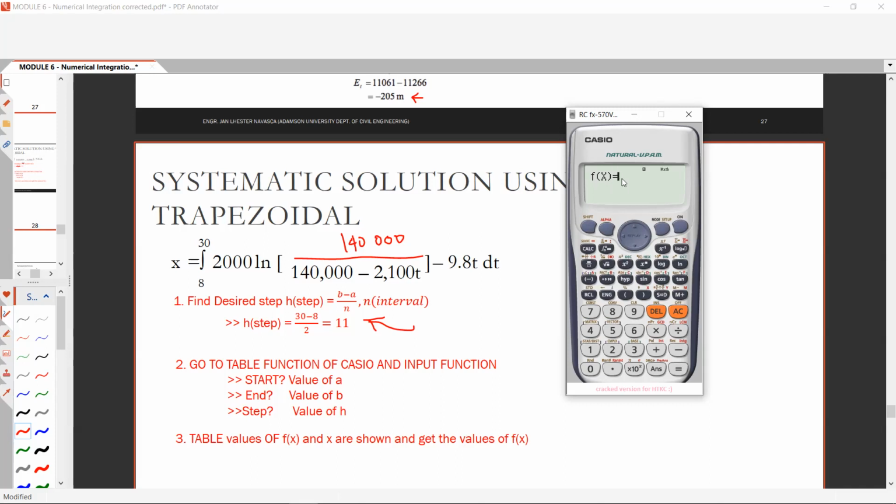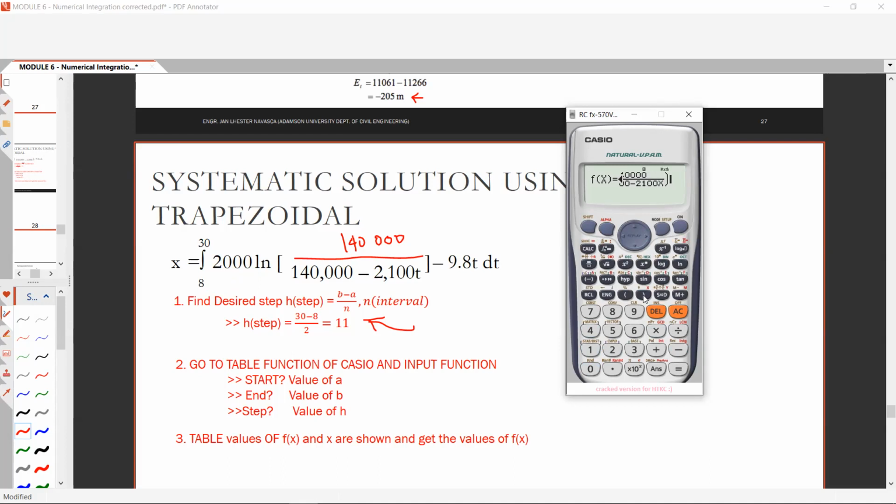Sige. So, sulat mo lang yung function mo, class. So, 2,000 times ln of 140,000 over 140,000 minus 2,100 x. Okay? X yung gagawin mo. So, therefore, alpha x, unknown. Okay?